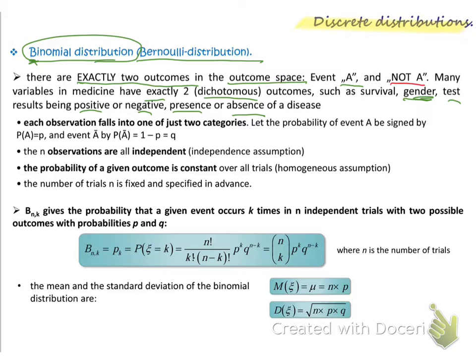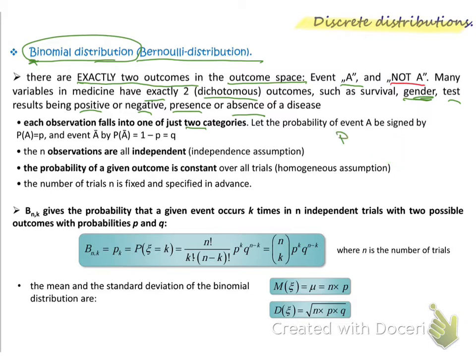For binomial distribution, each observation falls into one of the 2 categories. So either A or not A. If the probability of A equals 0.2, the probability of A bar, or not A, equals 0.8, the other way around.